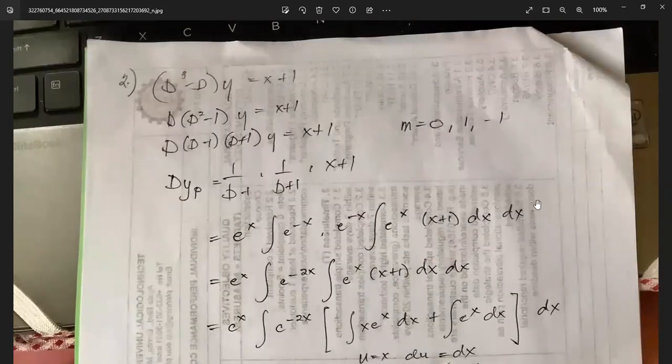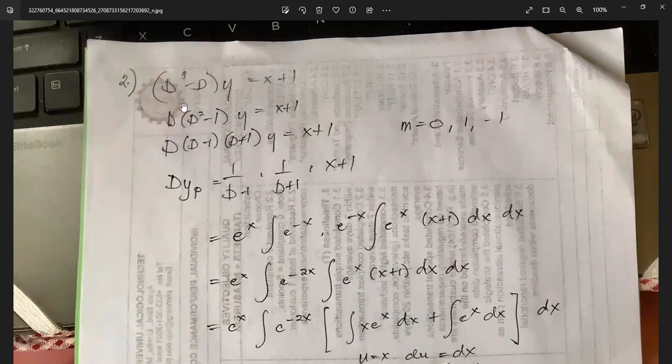Okay, again, here you have the operator D cubed minus D times y equal to x plus 1. Again, with the majority of the papers, I did not even bother to check what is written below, because the problem is with factoring. That problem will be with you until you graduate, until you know how to factor, because that should have been mastered in algebra.